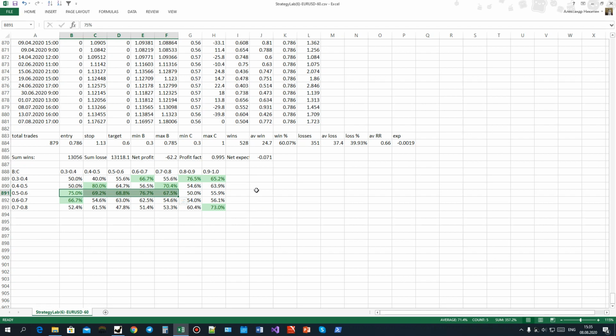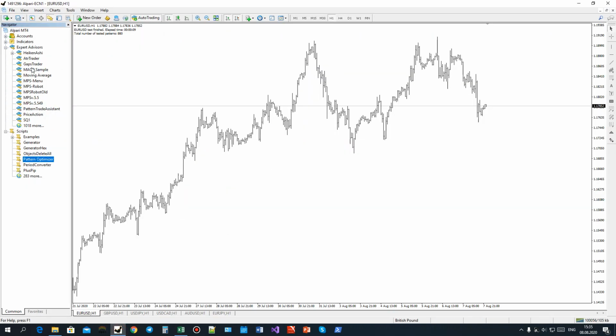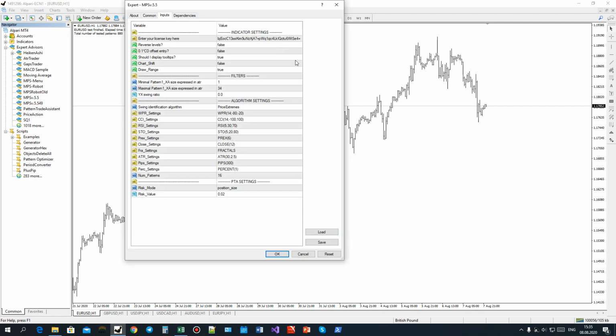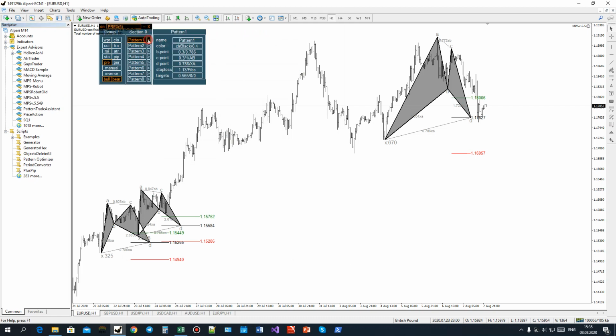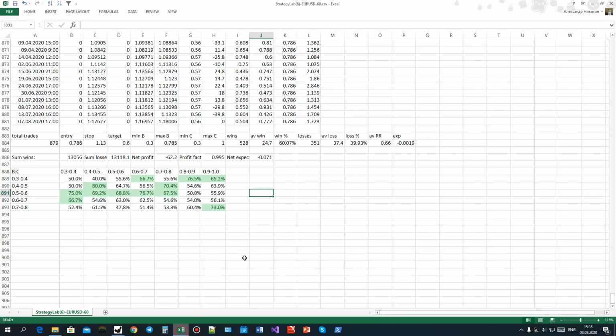And of course we only trade these patterns. Well, if we go to MPS, we may set all these patterns. What is the best performance pattern? It says 80% if the B point is 0.4 to 0.5 and the C point is 0.4 to 0.5 as well.